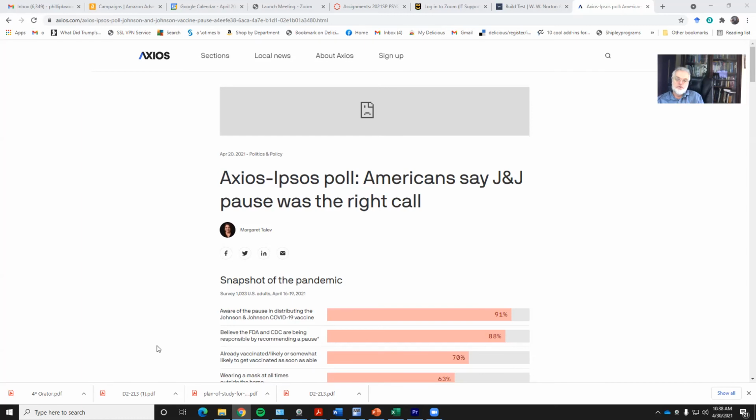And the news articles that I was reading said, therefore we know that this is a good idea and that this will help convince people to become more vaccinated. So what's wrong with that?